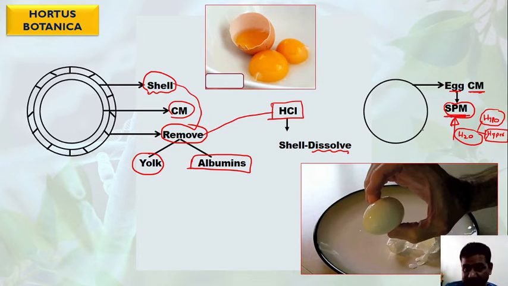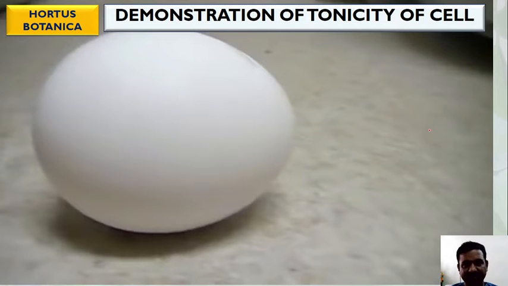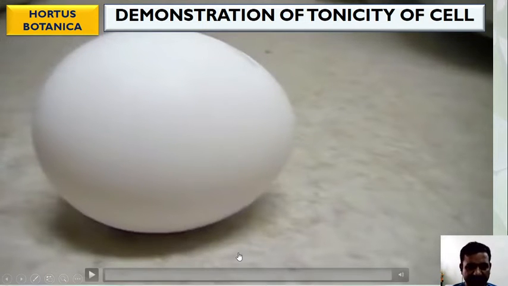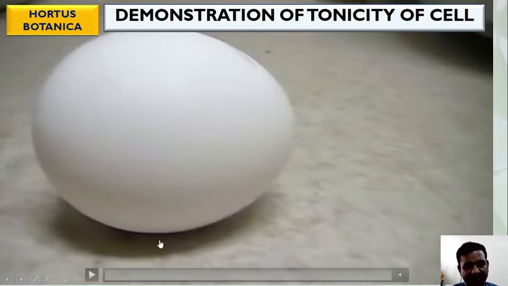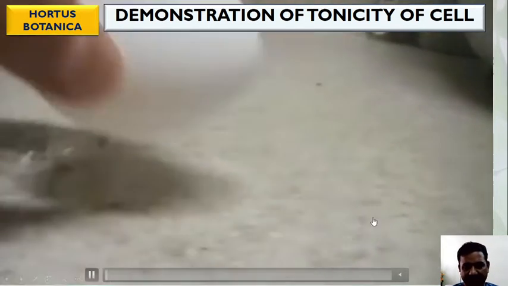We can see it very clearly right now. I want to show you a very good demonstration that will tell you about osmosis, endosmosis, exosmosis, swelling of the cell, as well as the turgidity of the cell. Now have a look.